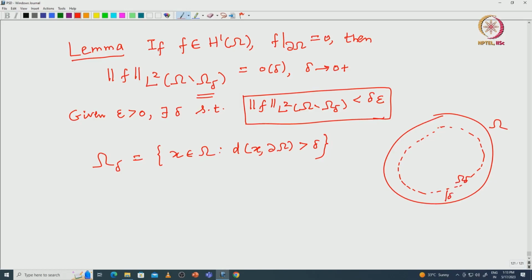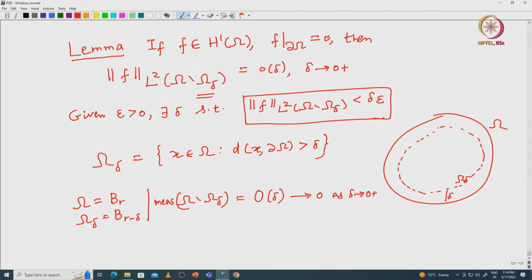If omega is a ball of radius r and omega delta is a ball with radius r minus delta, the measure or volume of omega minus omega delta is of order delta. Obviously that goes to 0 as delta goes to 0.